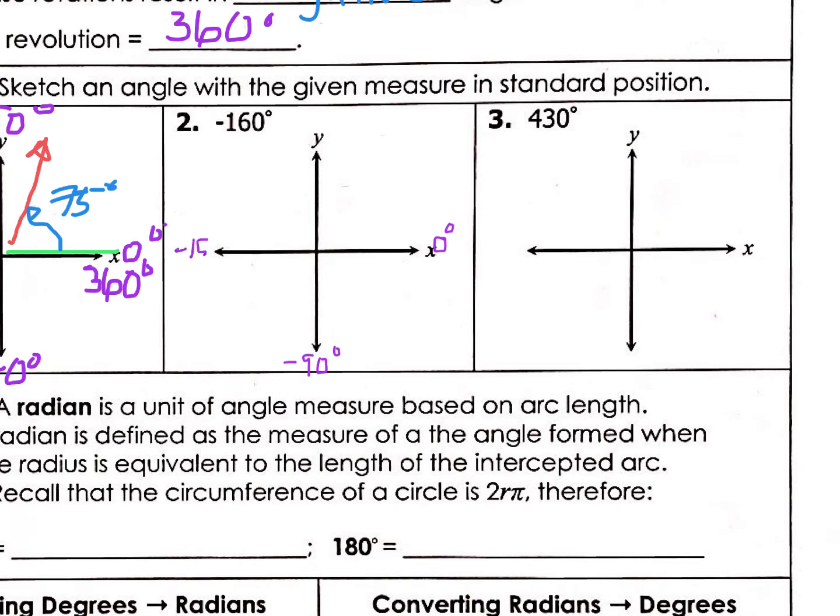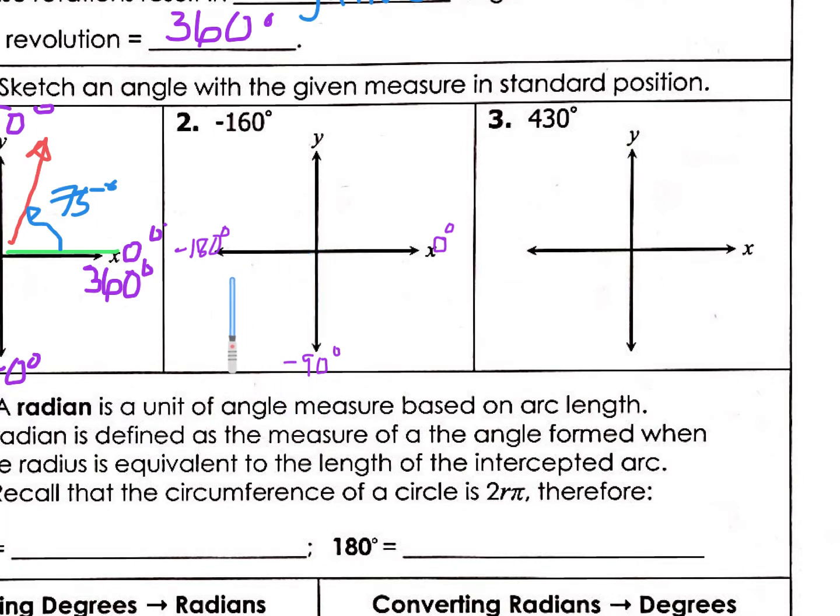So I'm going to stop there because we want negative 160. So if I added halfway, which would be 45 degrees to 90, that's 135 degrees. So we have to still go further to get up to 160.